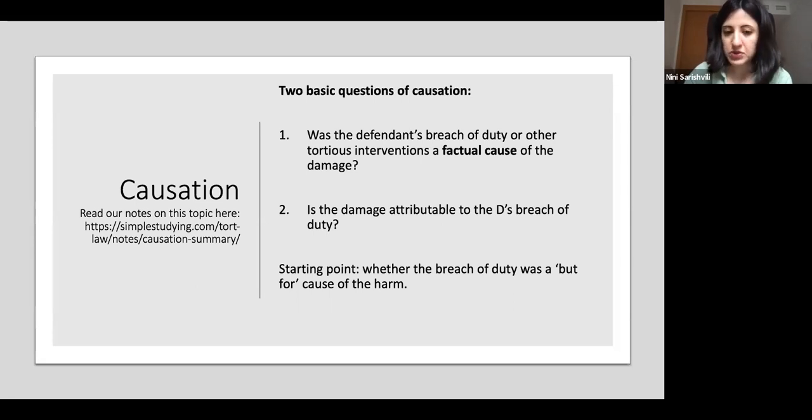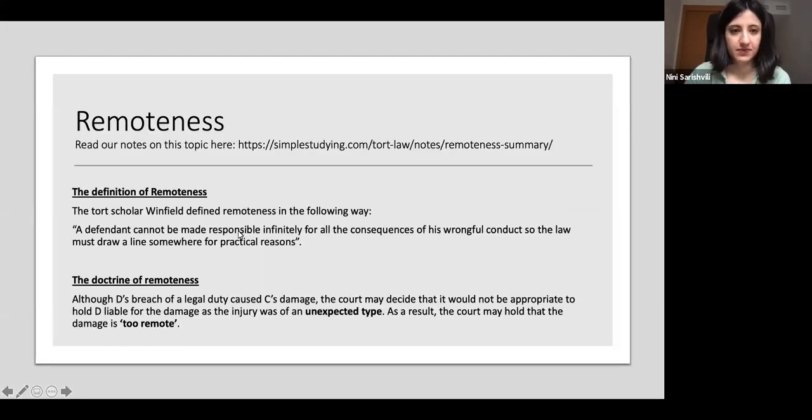The starting point would be whether the breach of duty was a but-for cause of the harm. So the but-for test applies. But for the breach of duty of care, would the outcome still happen, basically? You can read the notes on causation on this link when you receive the slides.